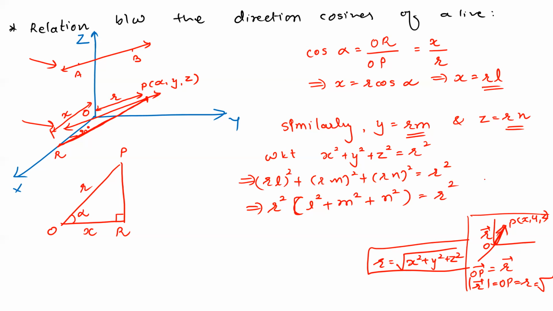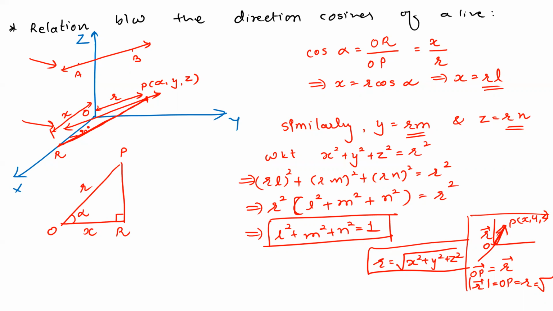All right, in that case, we can prove that yes, it is the relation. In the previous chapter, we did not have the proof of how L square plus M square plus N square is equal to 1. But this is the proof: the sum of the squares of the direction cosines is equal to 1.